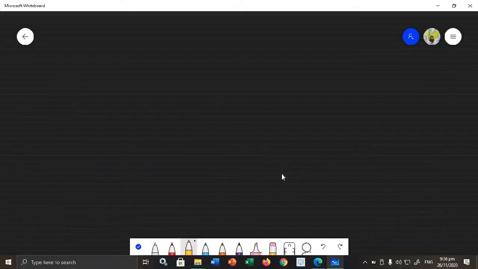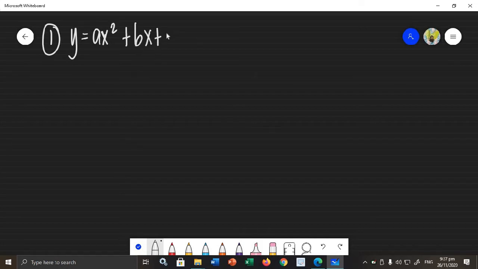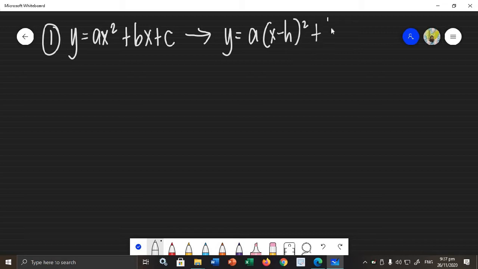So first of all, we will talk about transforming the standard form into that other form of quadratic function. I'm going to give the given first, and we need to transform the given into this form.